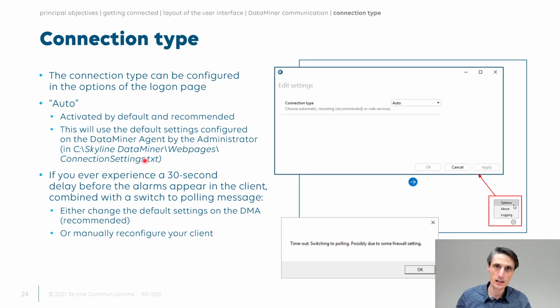In this file, you can specify that the clients that are connecting should not use eventing, or maybe a certain IP range should not use eventing, but immediately start with the polling and poll the DataMiner system every second, for instance, for new alarms. A little bit less efficient than eventing, but it gets the job done on the more firewalled environments.